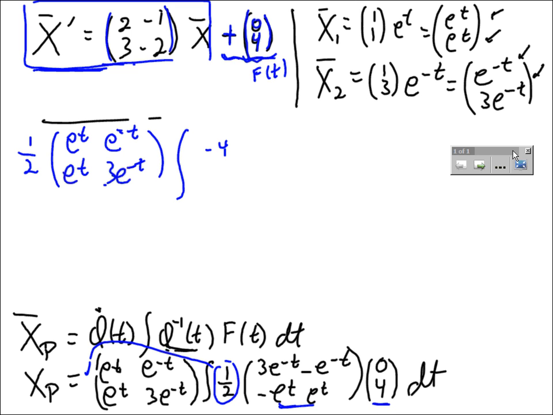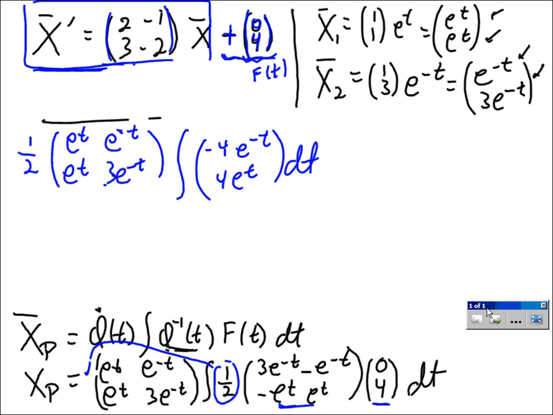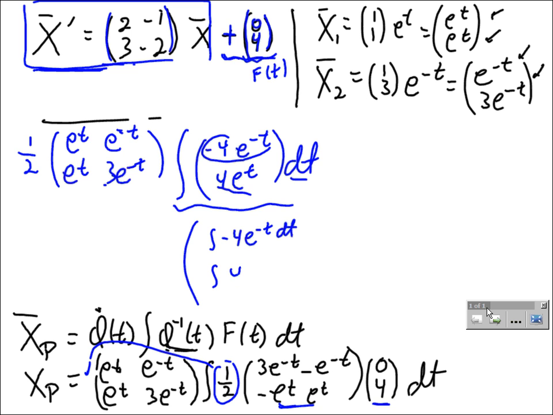You get negative 4 e to the negative t, and then you get 4 e to the t, dt. Now don't worry that you're integrating a matrix. It's the integral of negative 4 e to the negative t dt, and in the bottom is the integral of 4 e to the t dt. That is, it's two integrals in one.